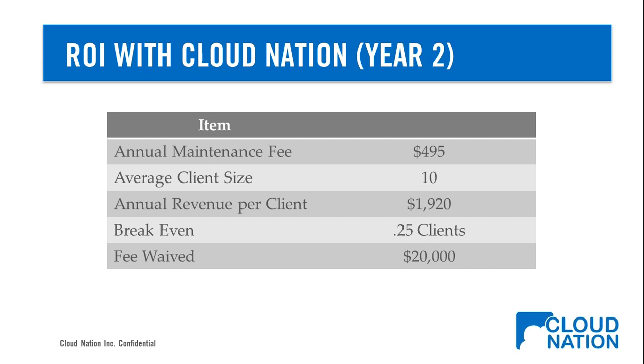So if you had one client per year, it would more than pay for your annual maintenance fee. And then also, if you have a client that your collective cloud solutions business is at or above $20,000 per year of billing, then we waive that annual maintenance fee.